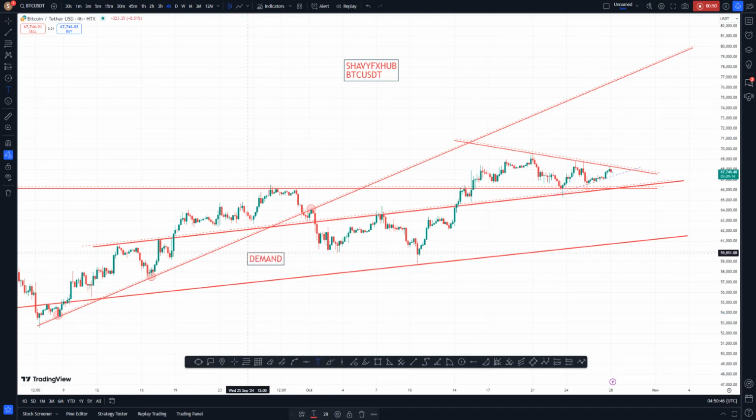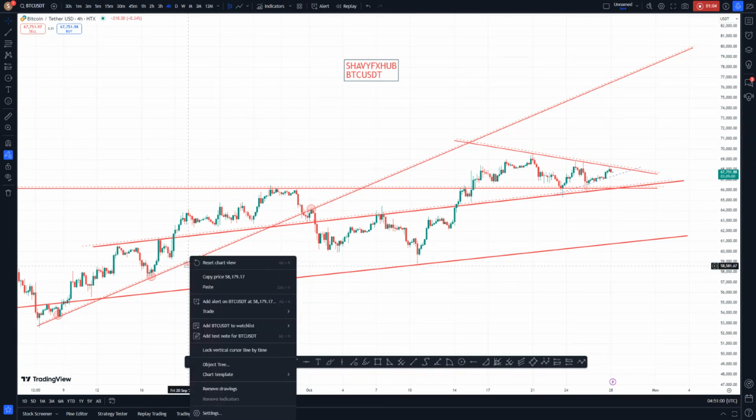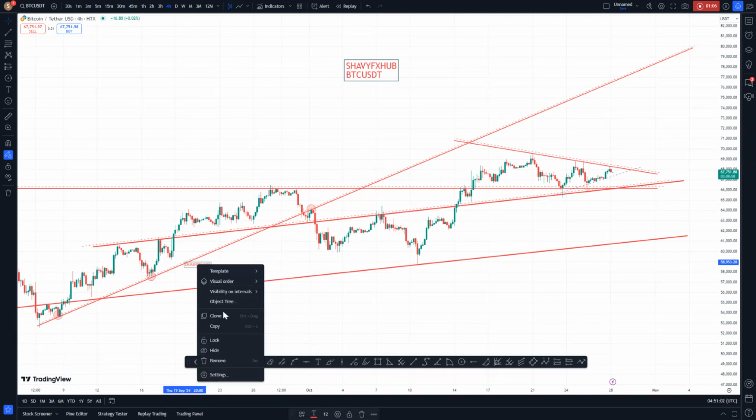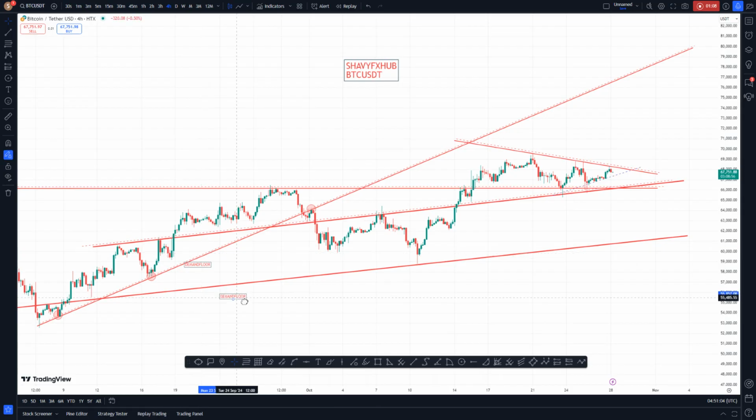It's a demand floor, and also an ascending triangle, an ascending trend line. So these are demand floors, and we also have another demand floor here. So this is going to be our demand floor for now.